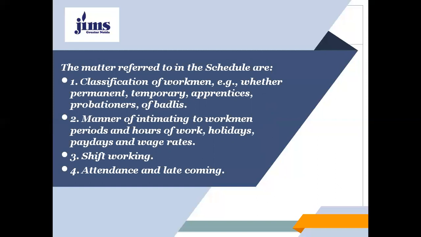Number 1 is classification of workmen, that is whether the permanent worker or the temporary, or he's working as an apprentice, or he's on probation, or is a badli worker. So all those would be just specified there. And manner of intimating to workmen periods and hours of work, holidays, pay days, and wage rates.